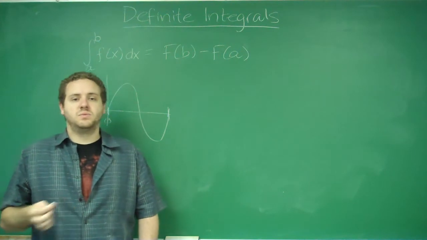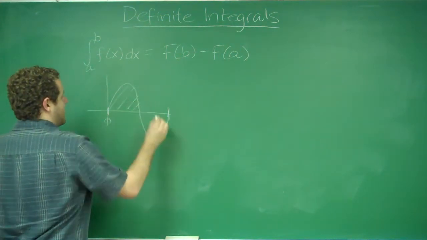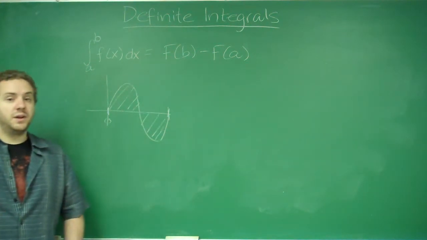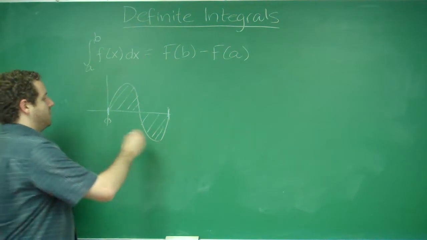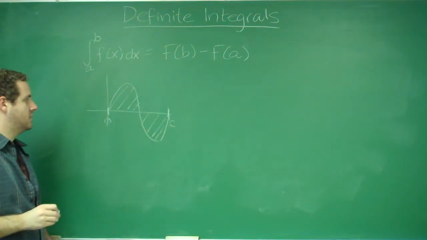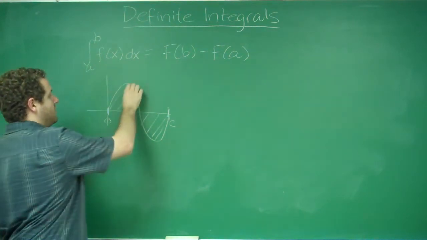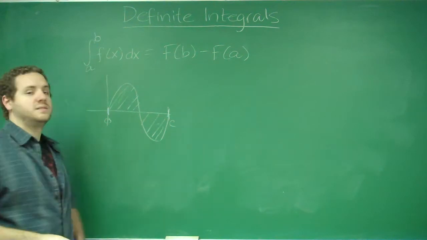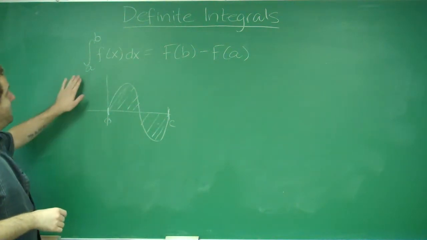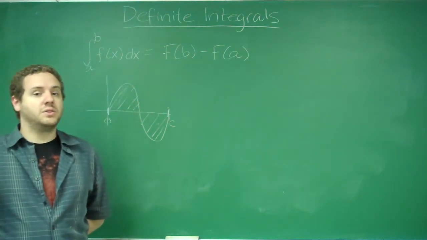Assume that these two sections right here have the exact same shape and area. The definite integral from 0 to, let's say, c here would be 0 because all of this cancels out with all of this and essentially it nets you 0. So the definite integral by itself gives you the net area, not the total area.